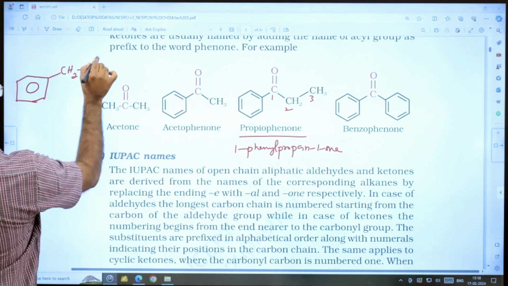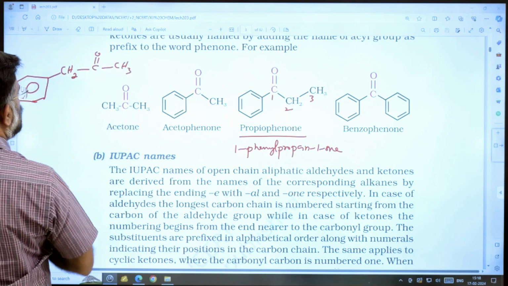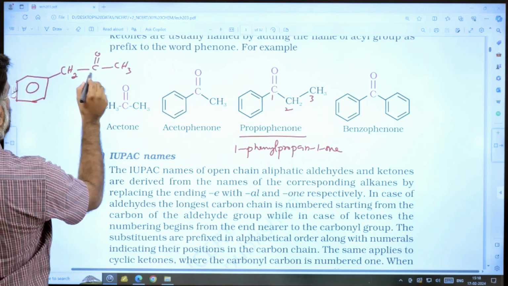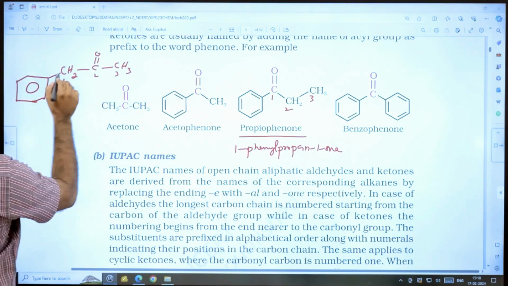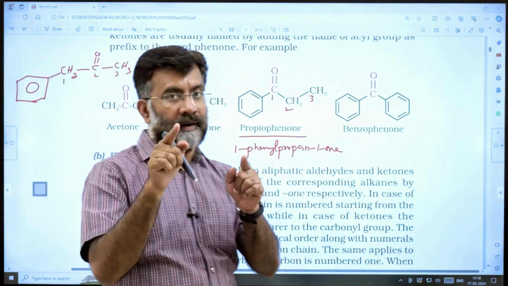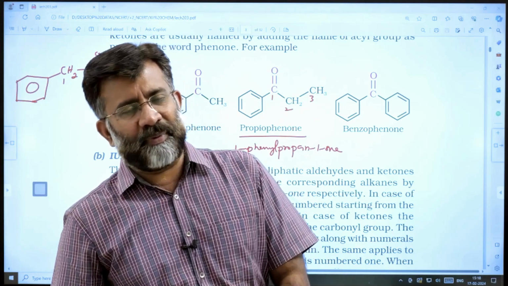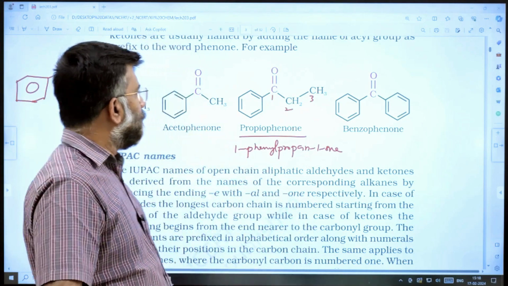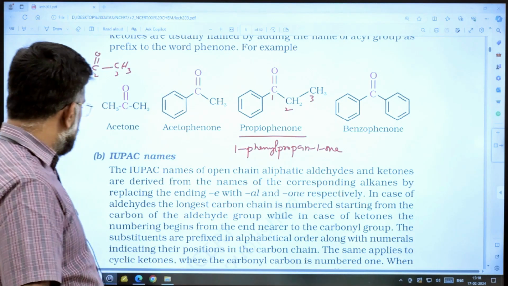CH2 CO CH3. So it is 1-phenyl propan-2-one. It can be. While that is benzophenone.